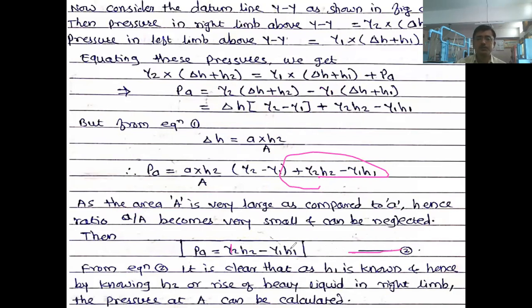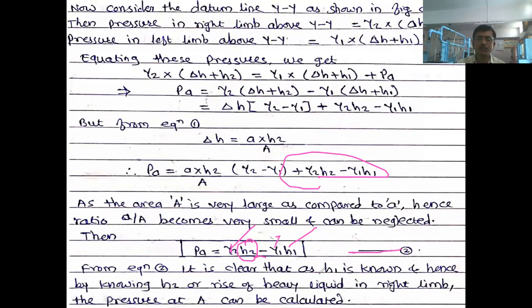Now in this equation, the value of H1 is a fixed value, and gamma 1 and gamma 2 are known to you. We just have to calculate the value of H2, and putting it in this equation, you will get the pressure intensity in the pipe.